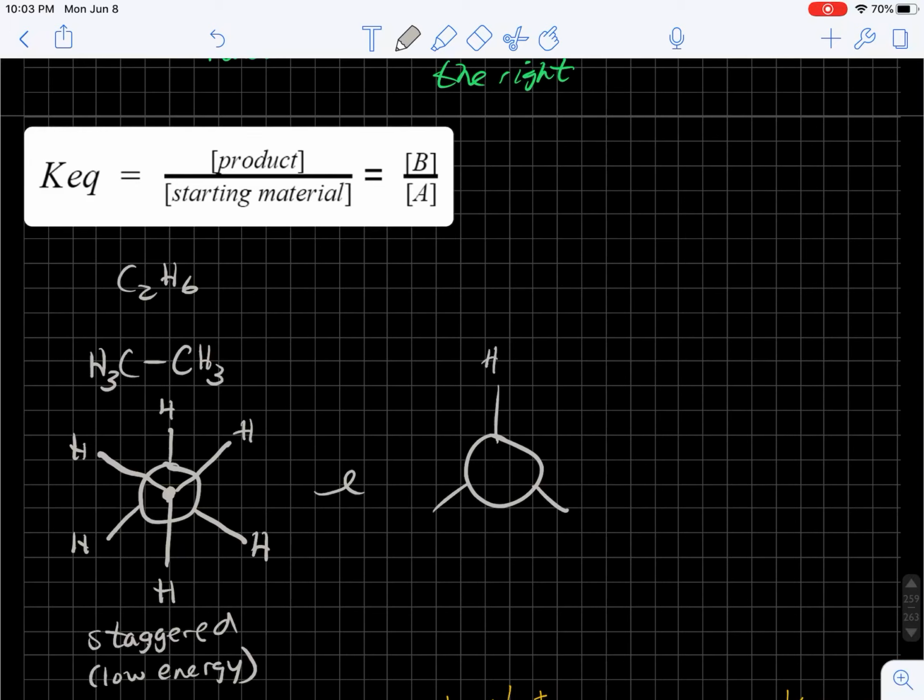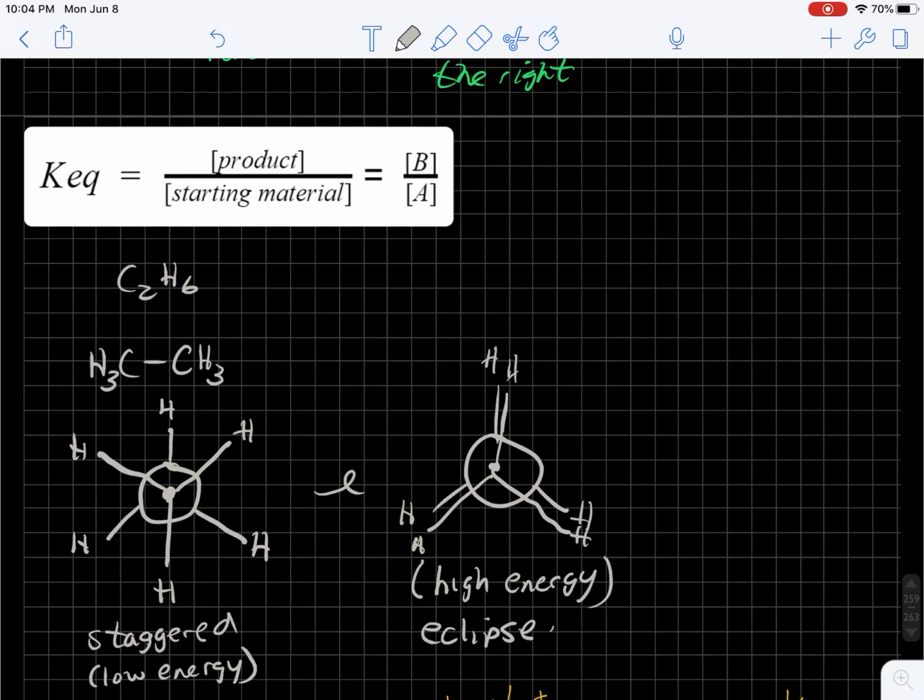Here's the carbon with its 3 hydrogens connected to it. But now the front carbon, the hydrogens line up in the same position as the hydrogens behind it. And that causes electron interference, which is very high energy. So here's my high energy arrangement. And in my high energy arrangement, the hydrogens are one right behind the other. We call this an eclipse.